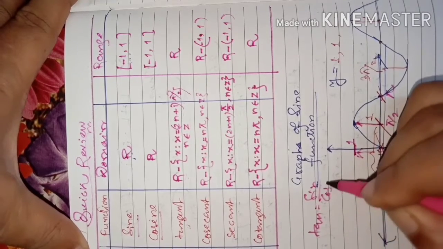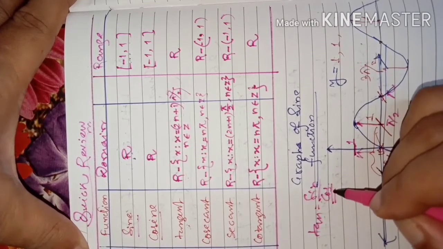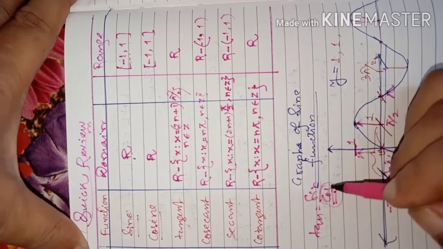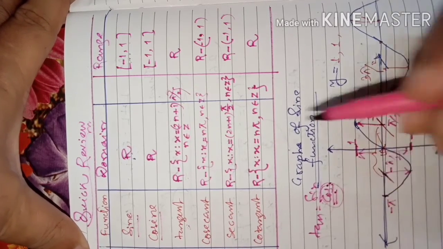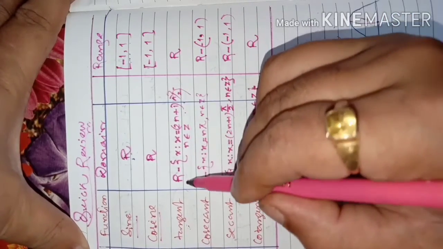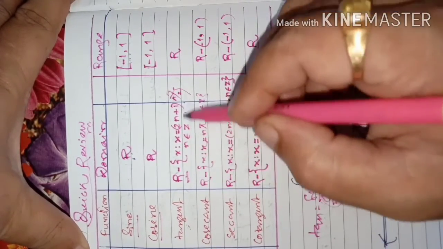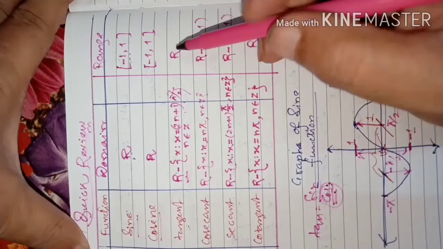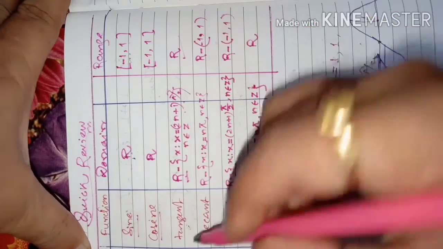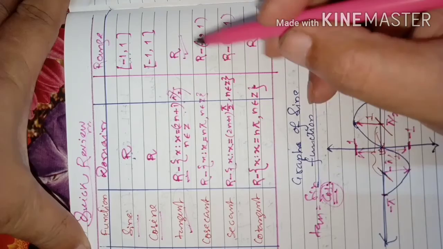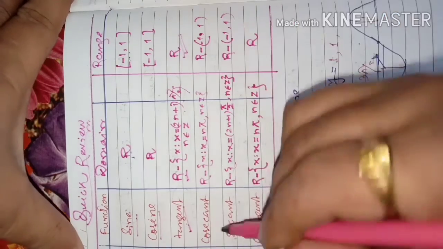Since cos is in the denominator, tan will not be defined at odd multiples of pi by 2. That's why the domain is real numbers minus all the odd multiples of pi by 2. Then the range is the whole set of real numbers. So the tan function's range is the whole set of real numbers.